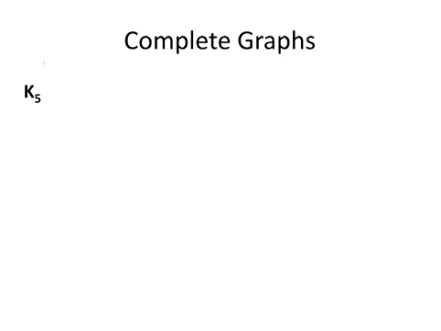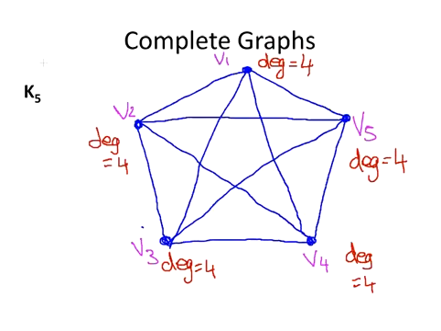Lastly, we're going to do it for K5. So here's an idea of what the graph would look like. We see that every vertex has degree 4, but it's a good bit harder to count how many edges there are now, so it's a good thing we have our rule. The number of edges is going to be 10.